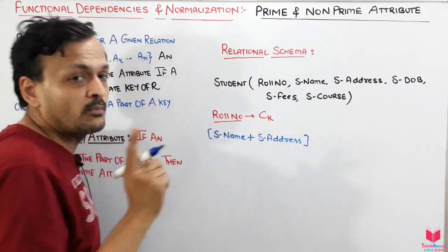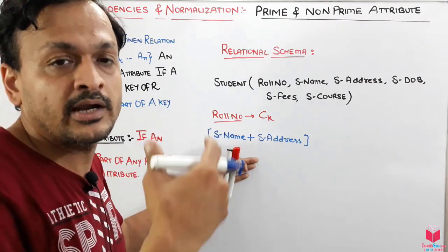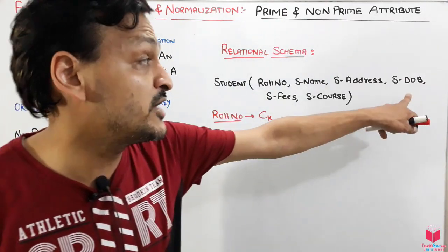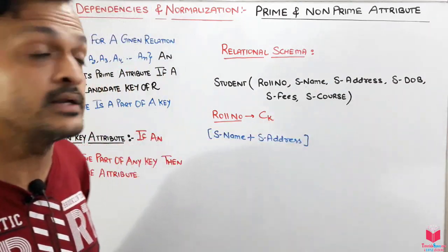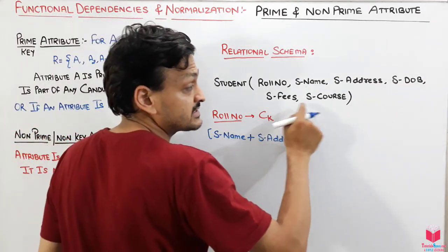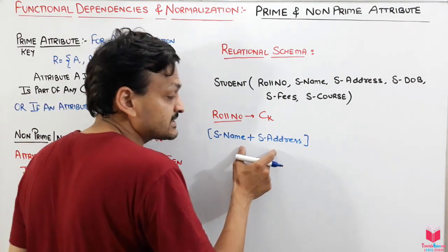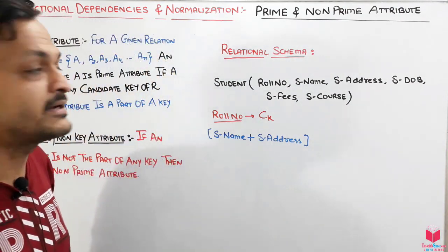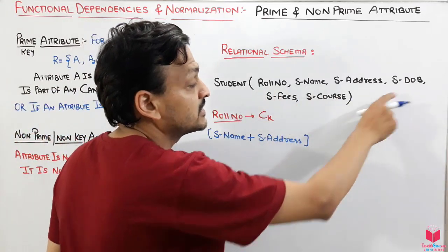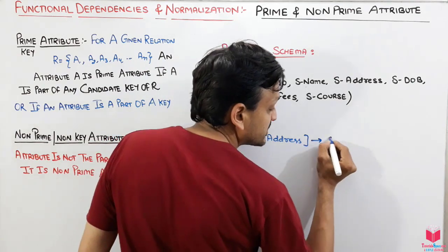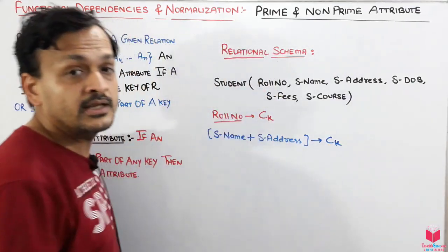Sean from England, this address belongs to this roll number. I can uniquely identify the date of birth, the fees and the course as well. So both combinations of these attributes help uniquely identify the values of roll number, date of birth, fees and course. So I can say both combinations are candidate keys.